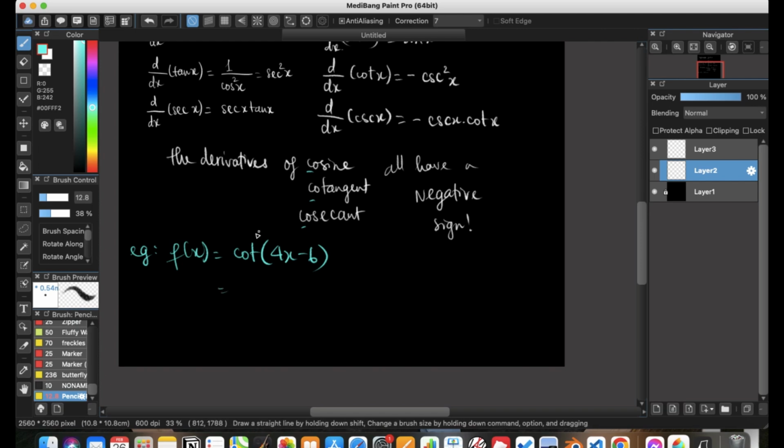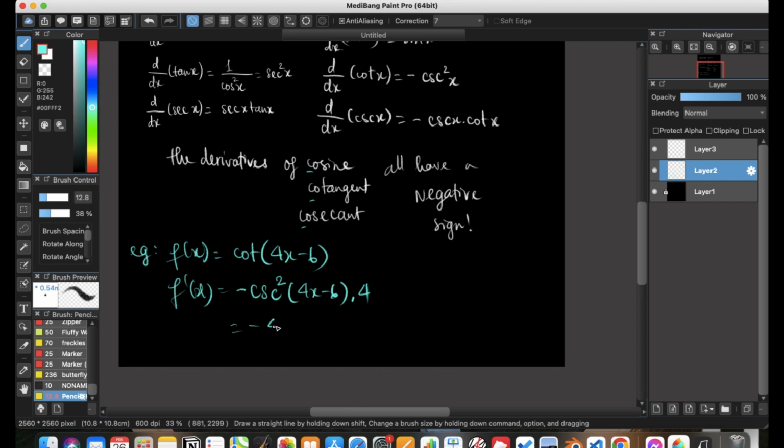So first, the derivative of cotangent would be minus, remember the negative sign, because it's cotangent with the C at the top, and obviously it'll be the cosecant squared of 4x minus 6, and now we have to multiply with the derivative of 4x minus 6, which is equal to 4.